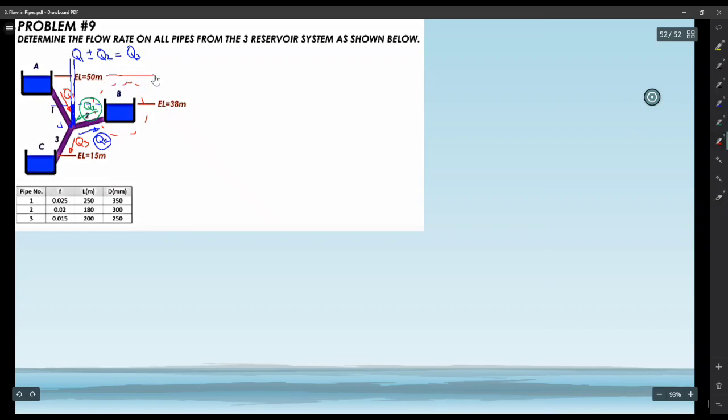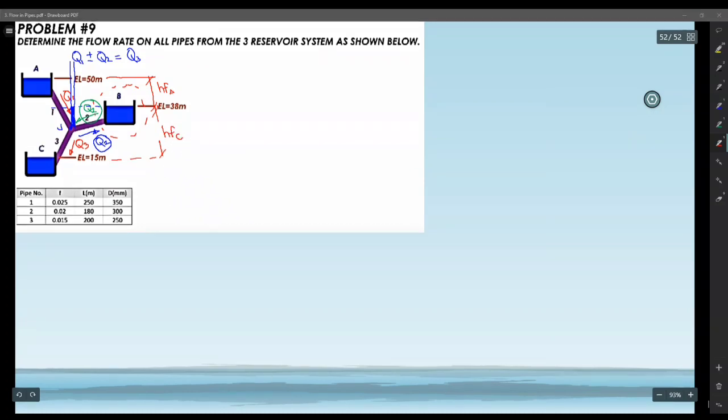So, the difference between the elevation at reservoir B and reservoir A, so this will be our head loss for the reservoir A. And the difference between reservoir C and B, so this will be our elevation for HFC. Okay, guys.